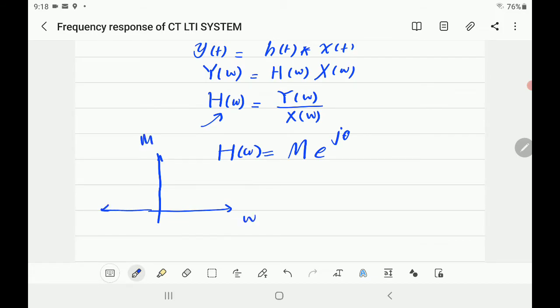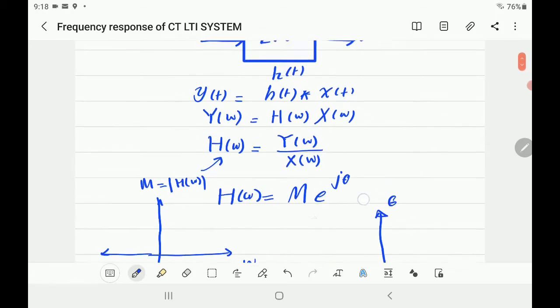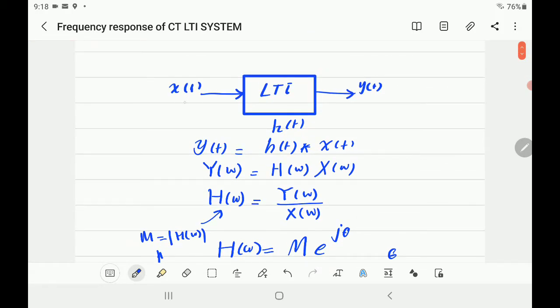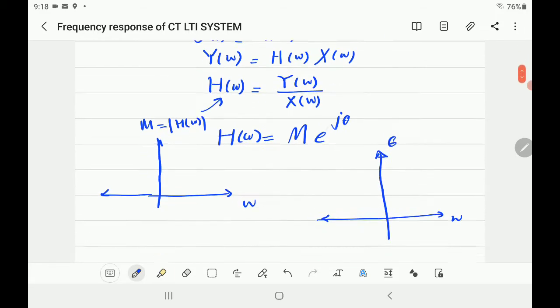That's the magnitude of the impulse response. And also you can sketch the phase of the impulse response with omega. And that's a very important relationship. So you can know the effect of this system on the input magnitude and phase.